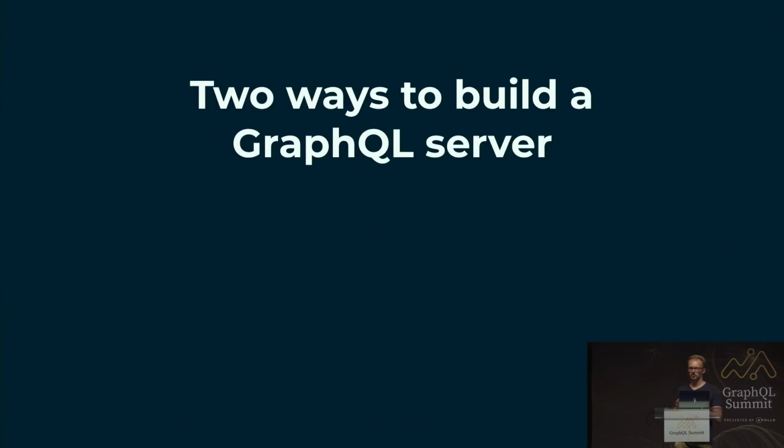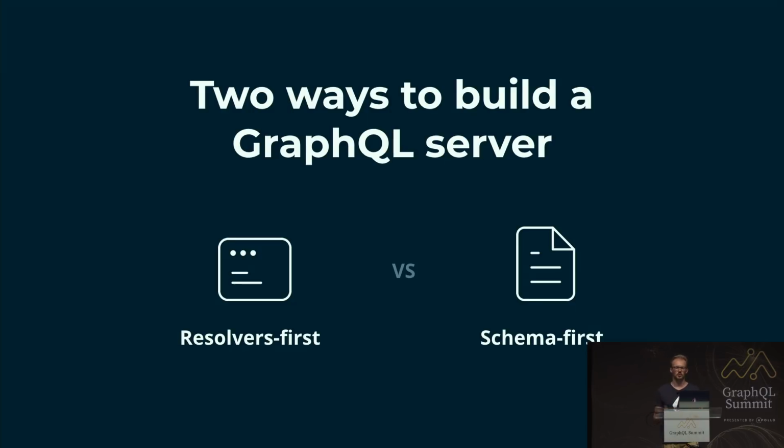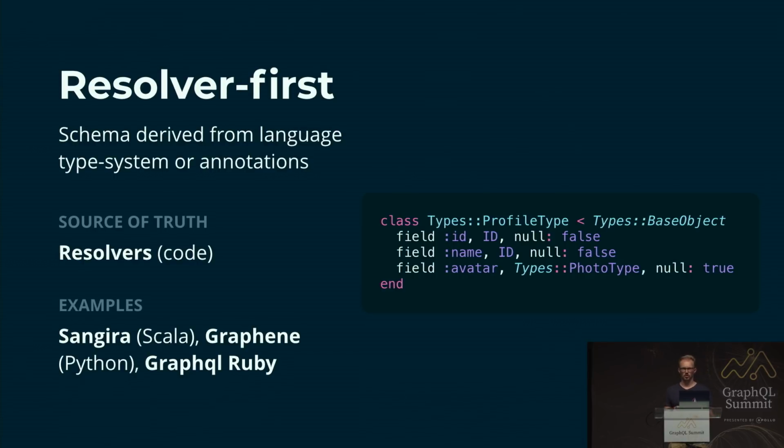But let's talk about GraphQL servers. Generally, there are two ways of building GraphQL servers, and I think in this conference, we've already seen a couple of these. There's the resolver-first approach, and then there is the schema-first approach. We'll now look into both of these approaches and see what the differences are. The resolver-first approach, for example, is used by GraphQL Ruby, or if you're building a GraphQL server in Scala with Sangria, or with Graphene in Python.